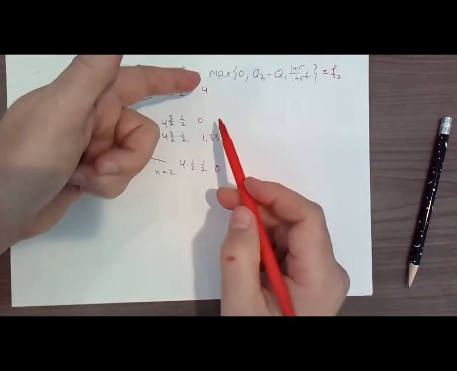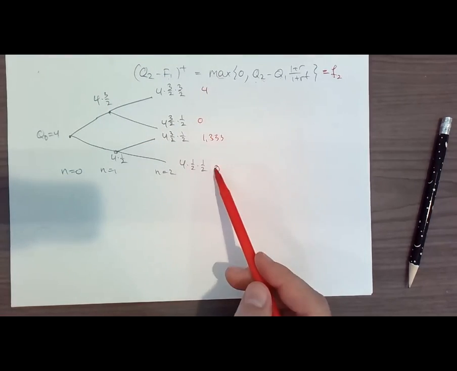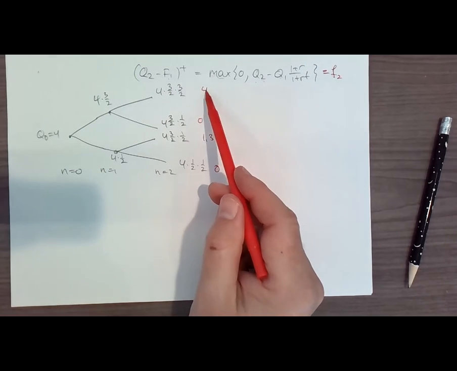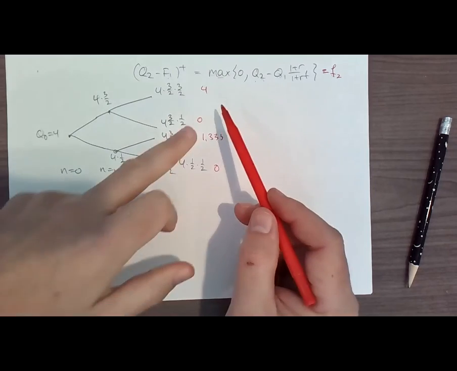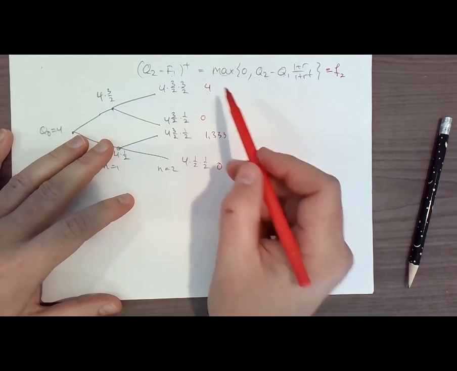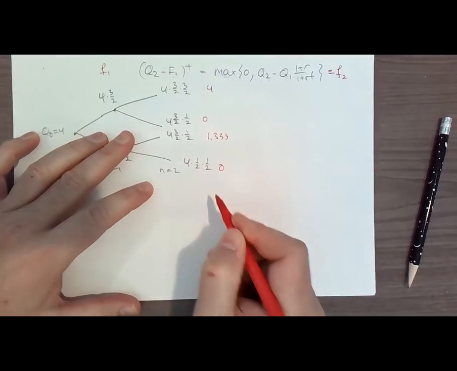Right, and then you have your 4 values, and then you just roll them back like we usually do. So these will be the F2s, right? You also need to get the F1s.